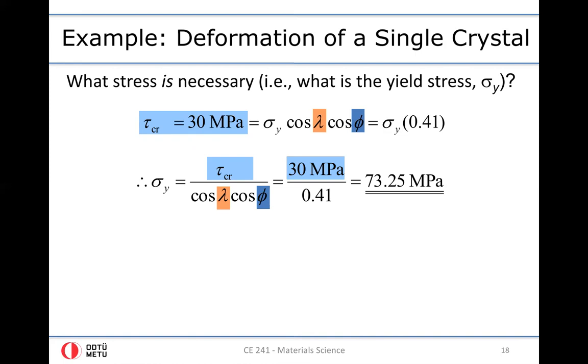But the yield stress can be defined at this point as the threshold value of the stress, in uniaxial, for example tensile, loading, beyond which the plastic deformations are going to start to evolve.